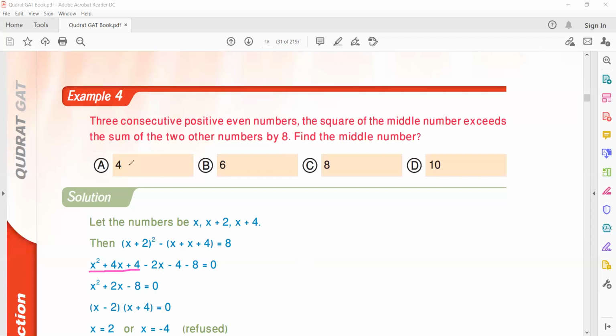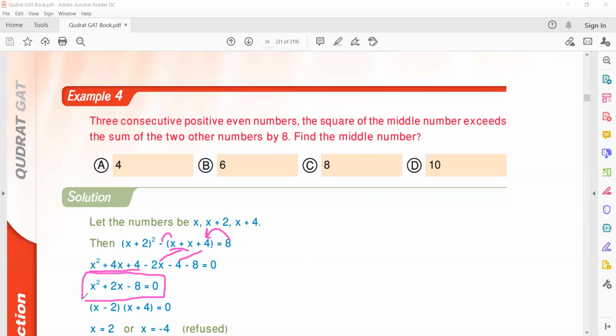Oh, the sum of the 2 other numbers. How do I get it here? Okay, 2x. I put 2x here also, because here I have minus. Minus 2x, minus 4. Then the 8 goes to the other side. So I have the equation here.